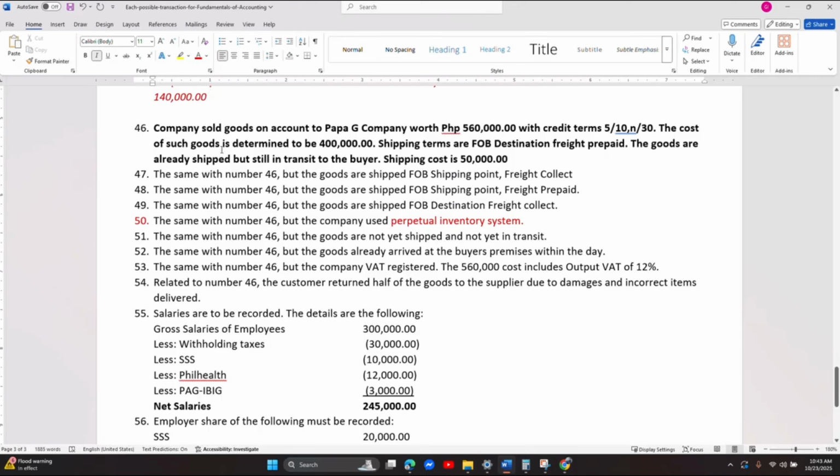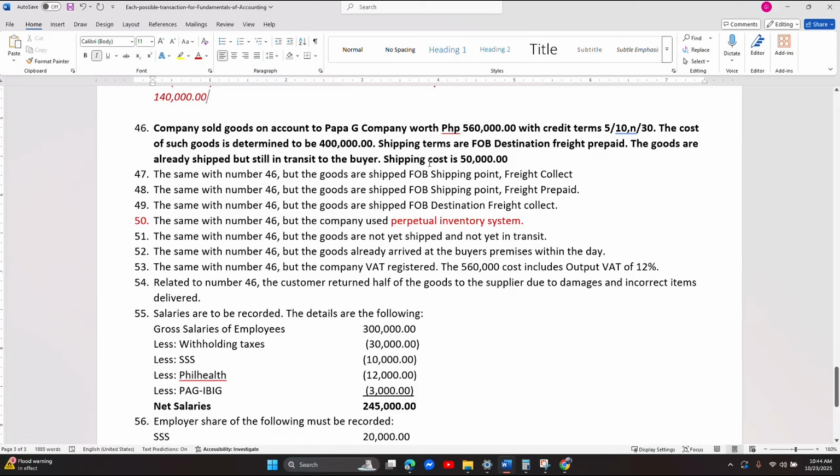The cost of such goods is determined to be 400,000. That is normal, of course. When you buy and sell merchandise and you are a merchandising entity, you're going to sell it at a markup.